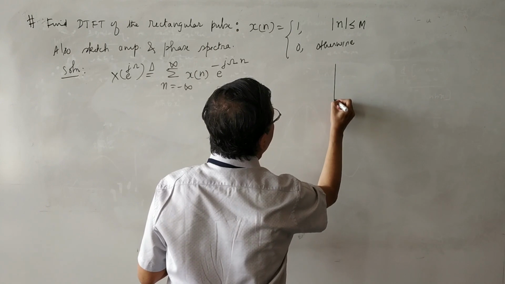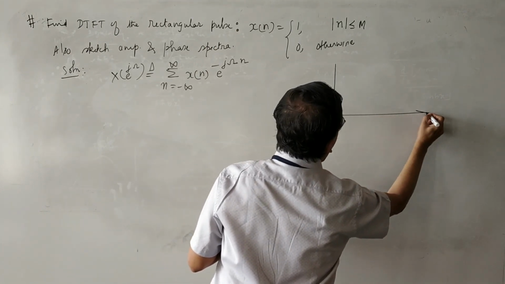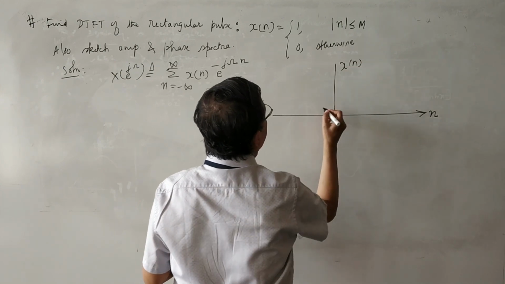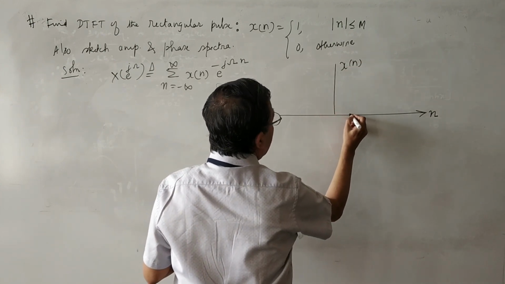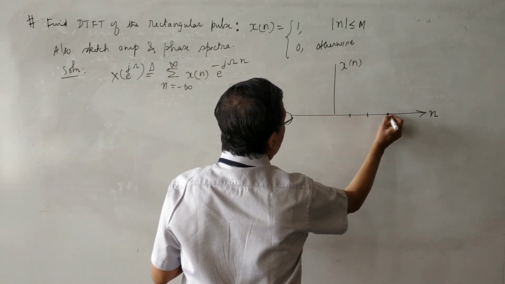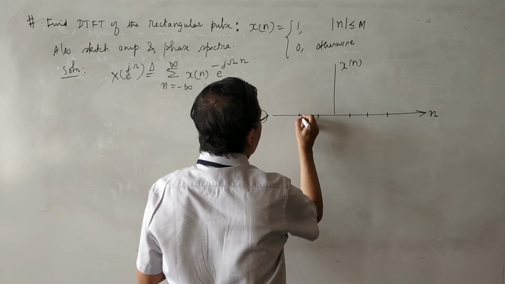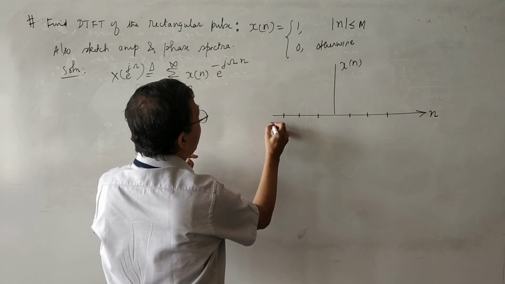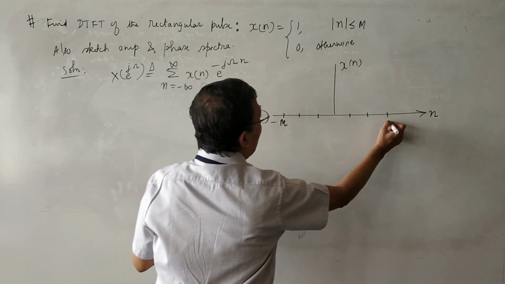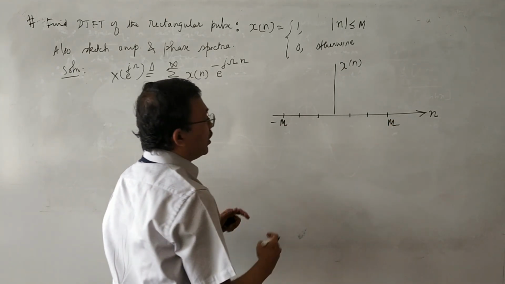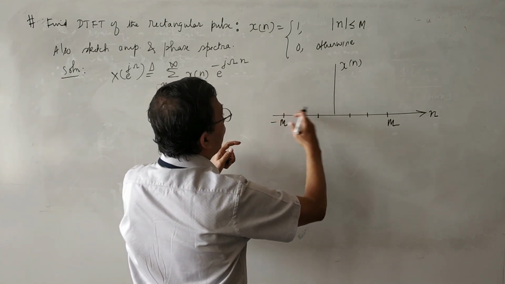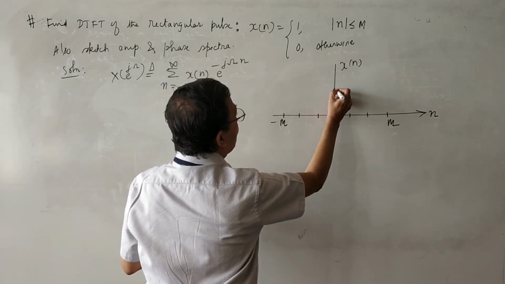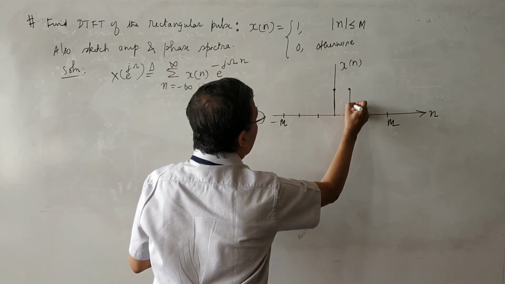Please watch. X-axis is n, y-axis is x of n. Let us say this is n equal to 1, 2, 3, minus 1, minus 2, minus 3. For the sake of analysis, I will take this as minus M, I will take this as plus M. M is 3 over here, here minus M is minus 3. So you get a pulse like this.